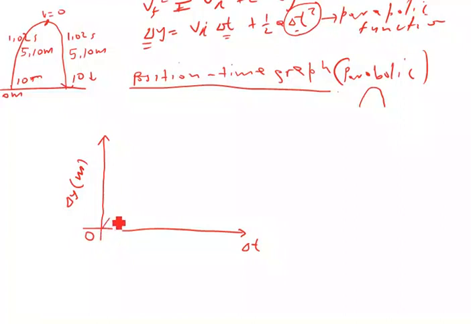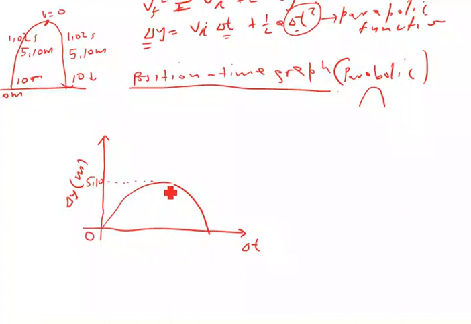That is the position time graph, because we said it's parabolic. It's very simple. So here you must know that here the distance is 5, the displacement is 5, 10 meters.